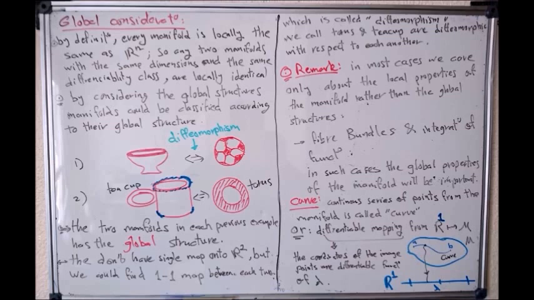Finally, there is a very important definition which is called a curve. A curve on a manifold is a series of points, not only a series, with the condition that it should be a continuous series. That means there is a differentiable mapping, so this series can be parameterized in R1.